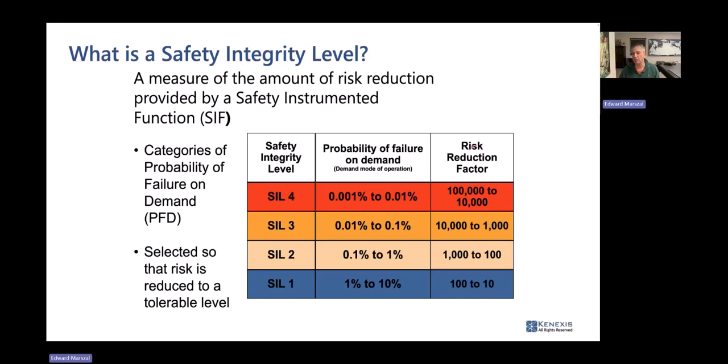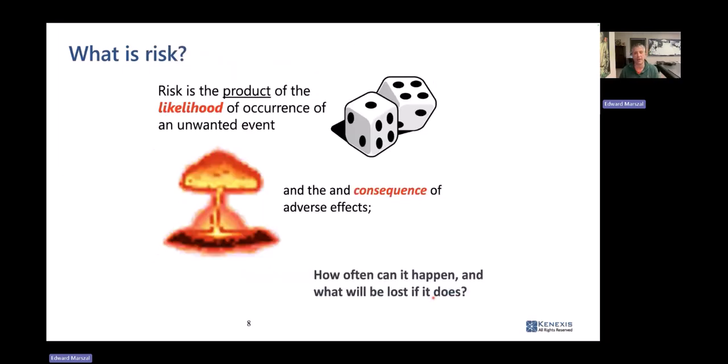And then most of you are, like myself, going to use risk reduction factor because we prefer whole integers to scientific notation. But the risk reduction factor is just 1 over the probability of failure on demand.